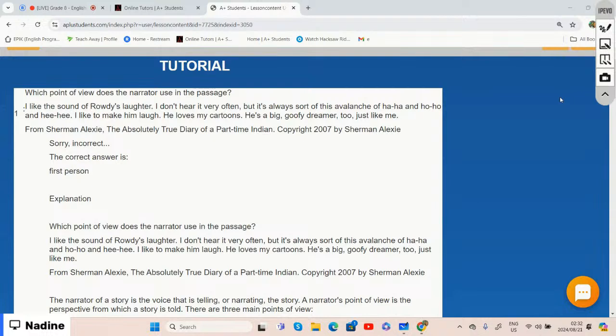So we need to say, is this in the first person point of view, second person point of view, or third person point of view?